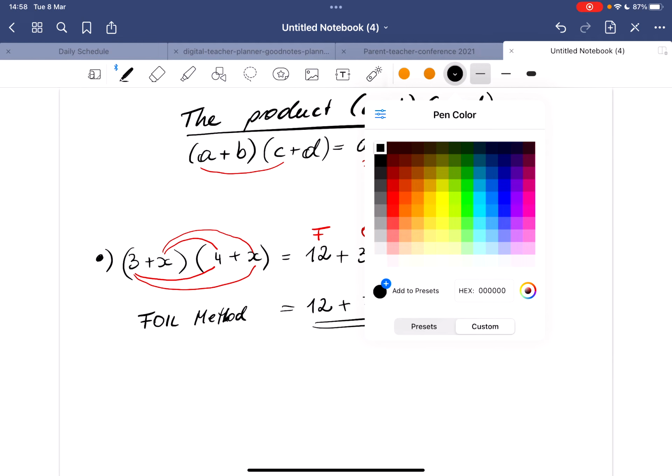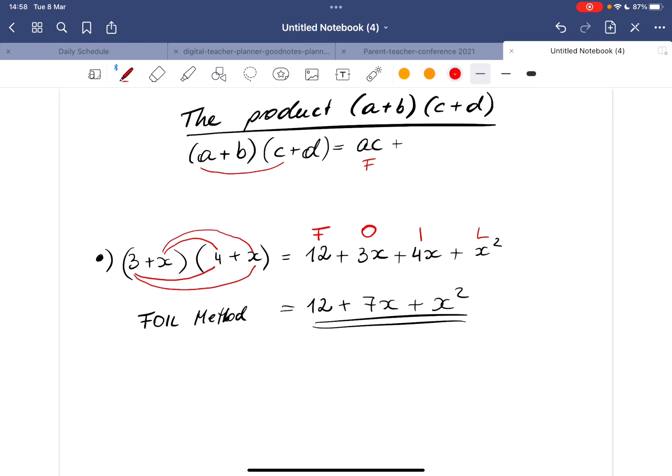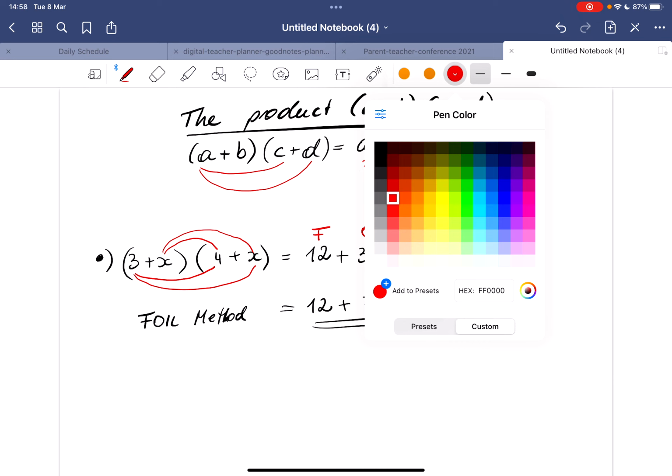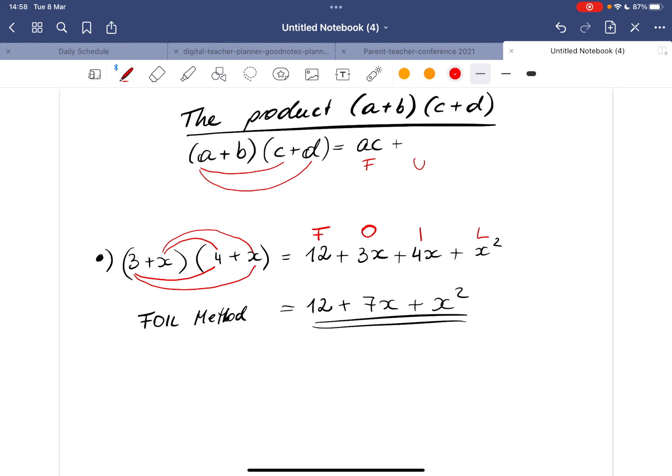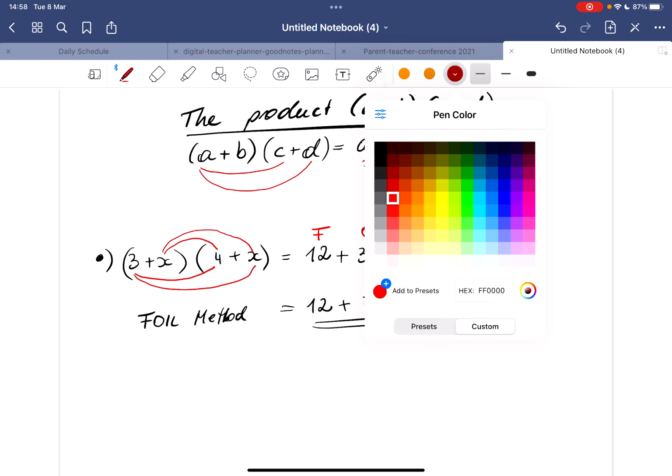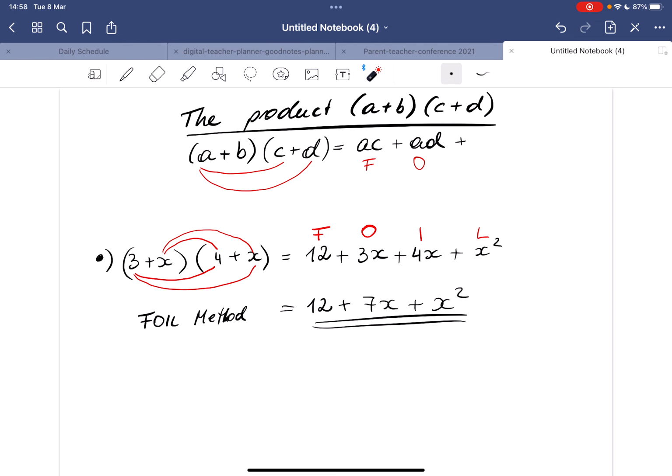Next I'm going to do my outside. That's these two, a times d. So for the outside, a times d gives me ad. Got a plus again because they're all positive, those terms. And next I would like to do the inside.